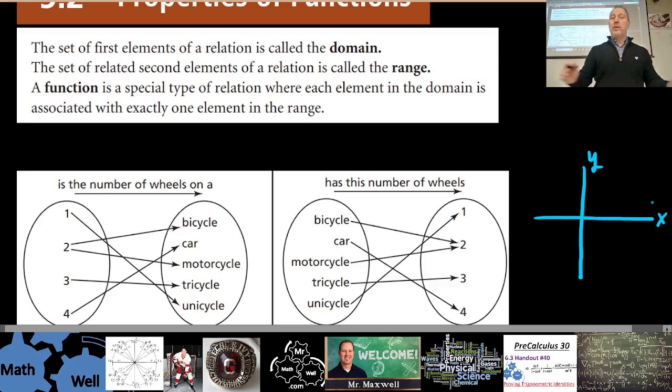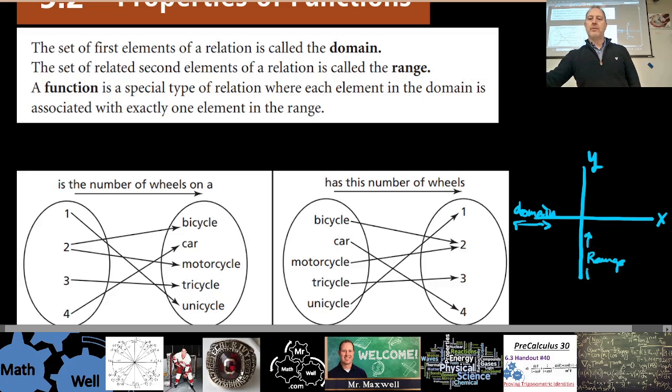When we plot points, it's the x values that are the independent values, and it's the y values that are the dependent values. So all the x values would be the domain. It's kind of all the x values there. And this is the range, the other one, the range. That's all the y values. So that's very important to know: domain, range.